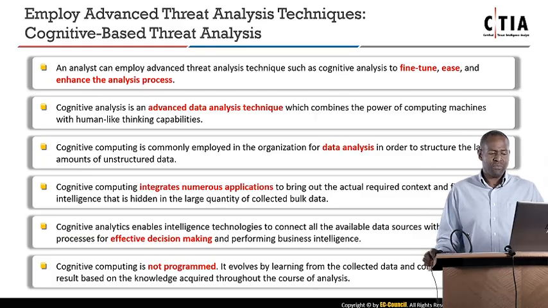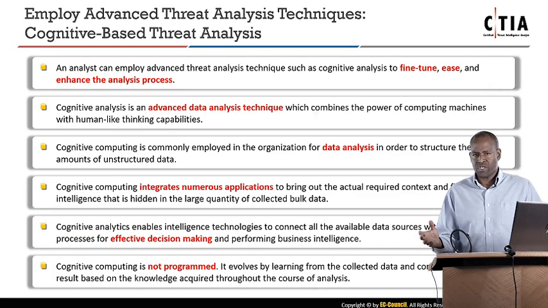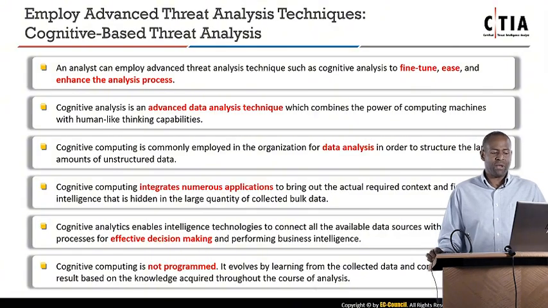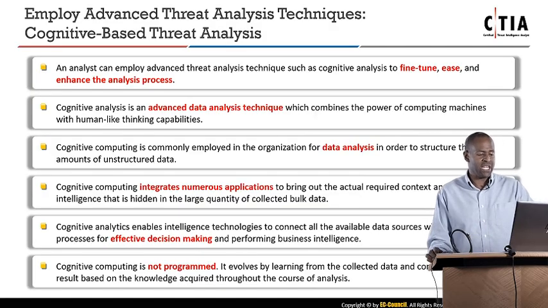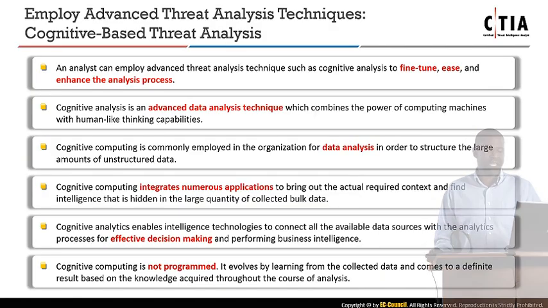And so with cognitive computing, we use it for data analysis, for large amounts of structured data, but especially with unstructured data. It can help structure that data or analyze that data. And cognitive computing integrates numerous applications to bring out the actual required context and find intelligence that's hidden in the large quantity of collected bulk data.